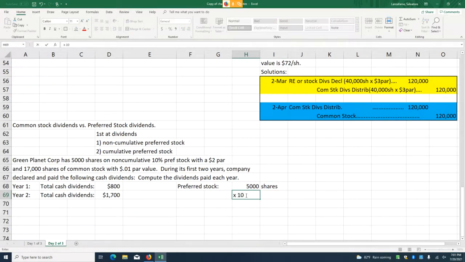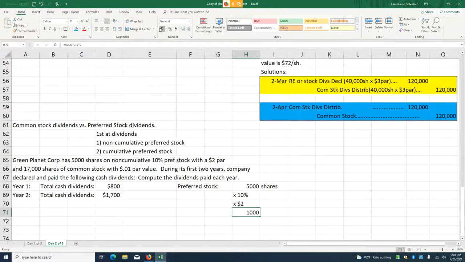So if you do that calculation on your calculator, 5,000 times 0.10 times 2, I get 1,000.